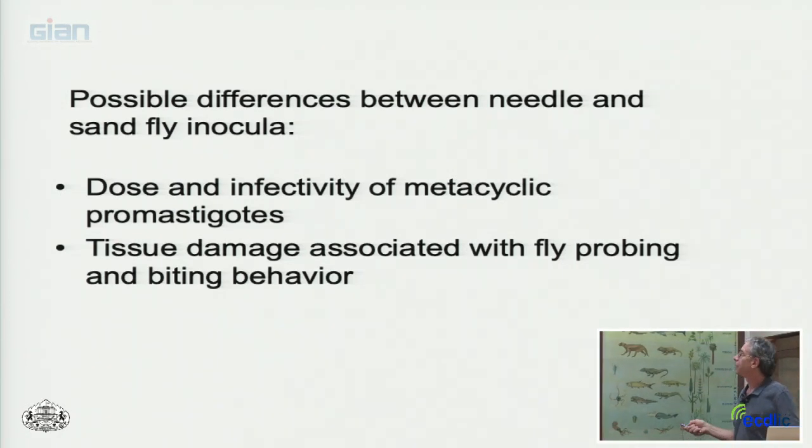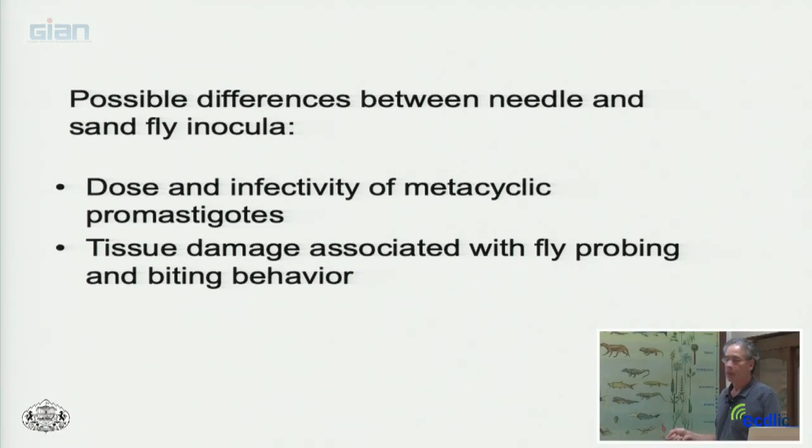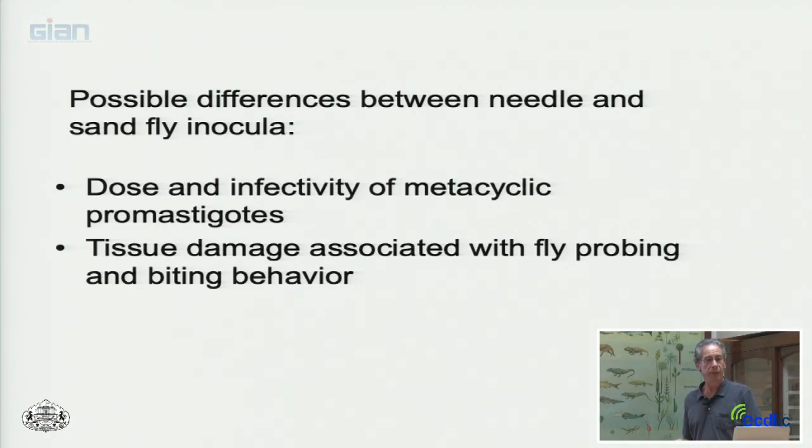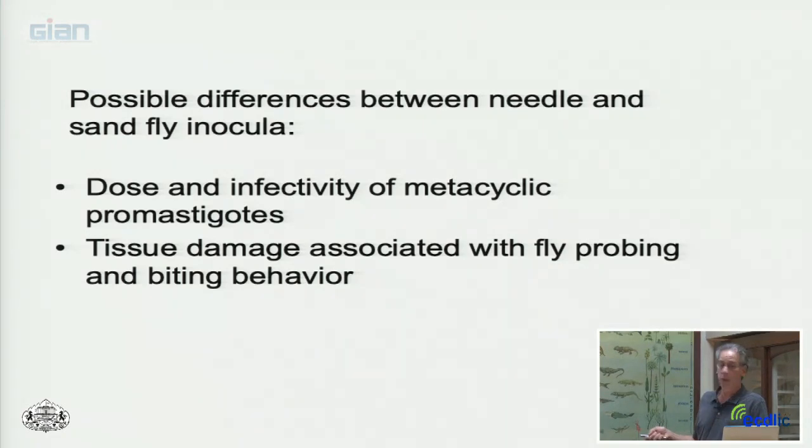There's tissue damage associated with fly probing and biting behavior. So we looked at that the other day. That really stressed the impressive amount of tissue damage that results in this massive inflammatory reaction, and neutrophils swarming in these bite sites. We don't see that kind of very localized inflammatory reaction to a needle injection.